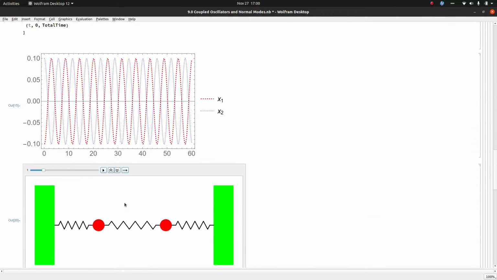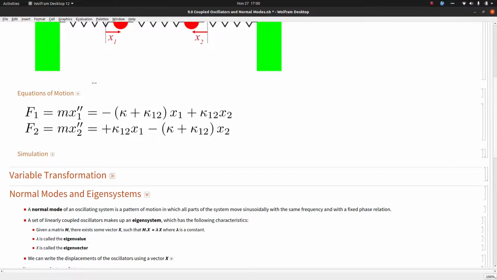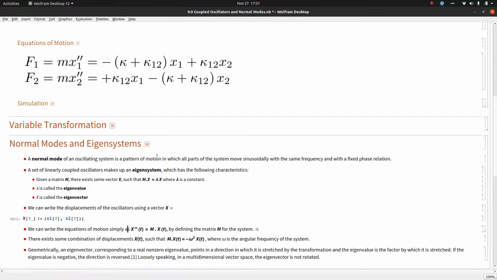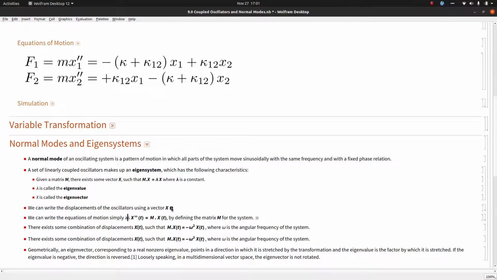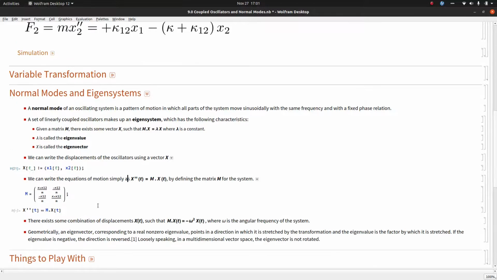So if I scroll up to my equations of motion, we have force as mass times acceleration, which is the second derivative of position with respect to time. And that equals minus, for x1, minus k plus k12 times x1 plus k12 times x2. We can just write that as a matrix, as you can see here.